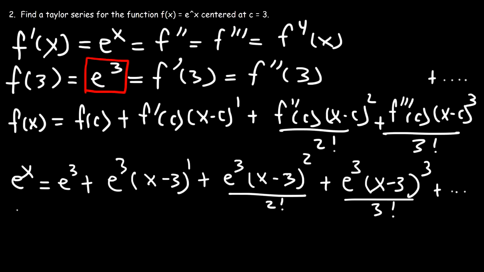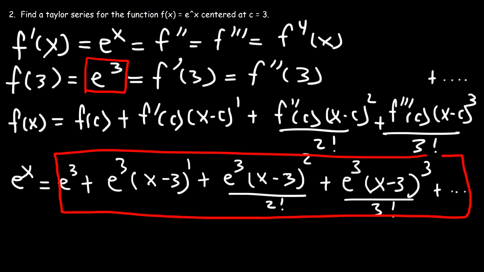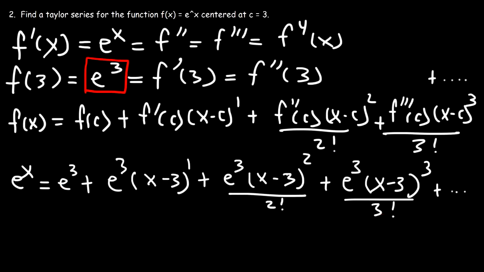Now we need to write a general power series that will give us what we see here. So starting from 0 going to infinity, we can see that the e to the third part, it doesn't change.